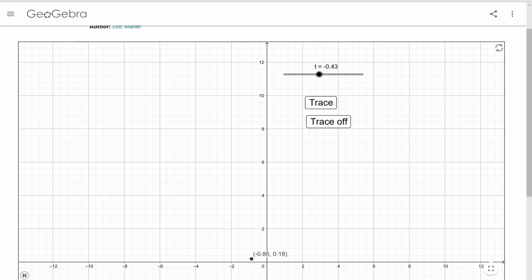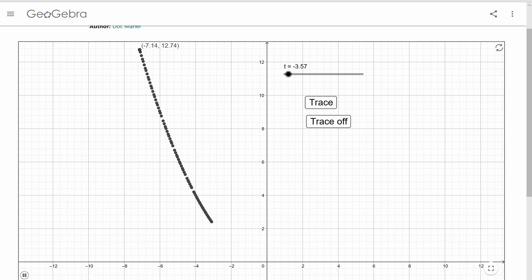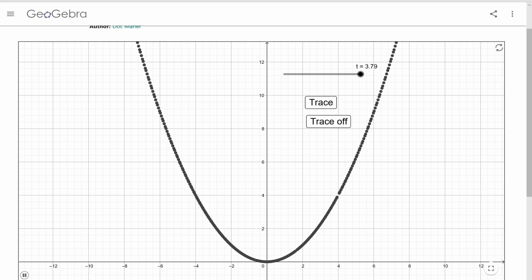So you can see that as t varies, when t equals 0 it passed through the vertex. We're going up to a high value up there of 4. Now if I make it trace those positions, hopefully, yep. So these are all the positions for different values of the parameter, and obviously what we get is the parabola.